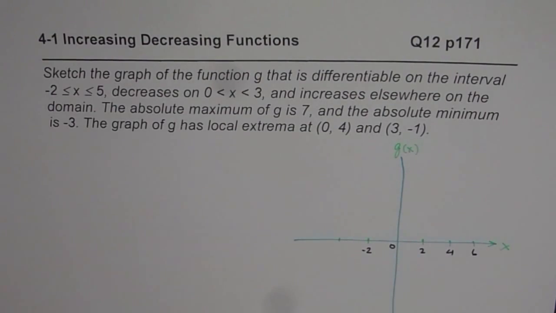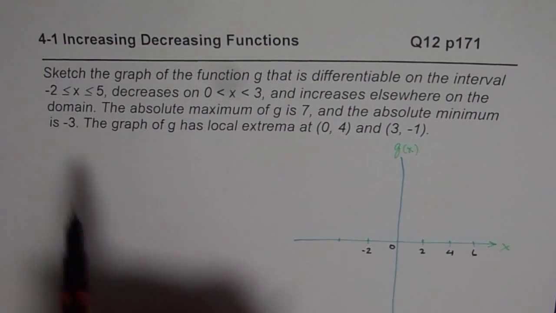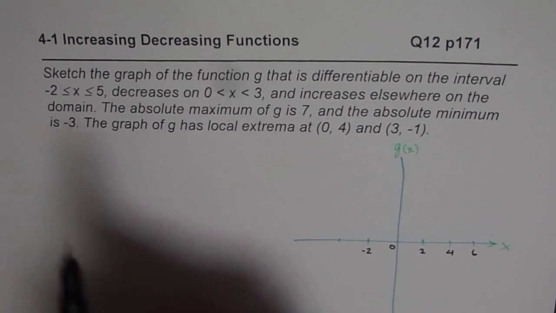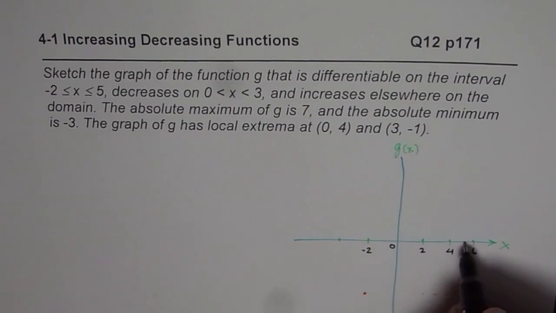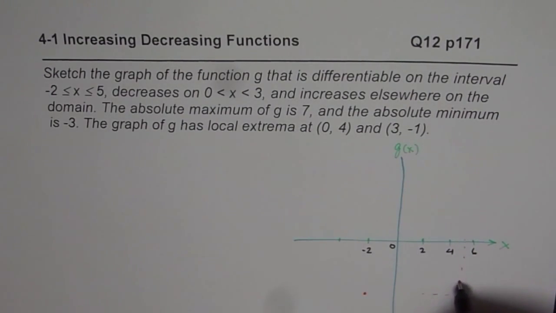Now the interval for us is between -2 and 5. So I'll call this my rough region, and I'll make some notes here. We are working from -2 to 5, which is kind of here. So that is the interval.